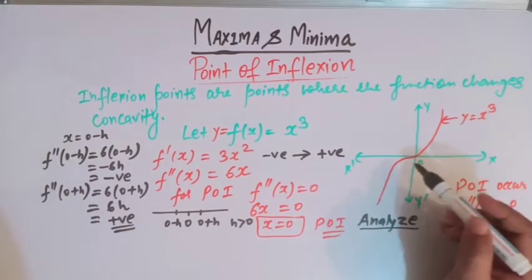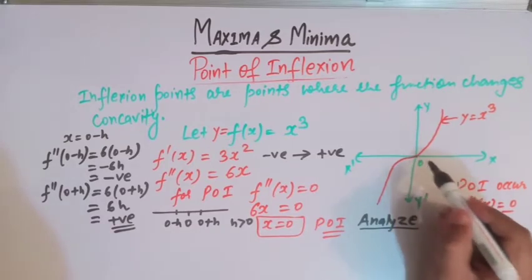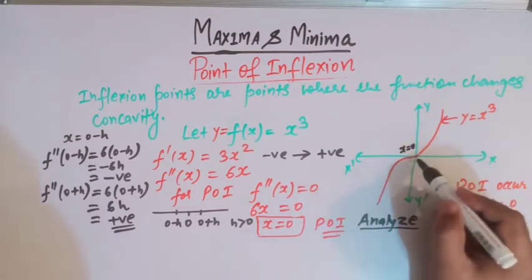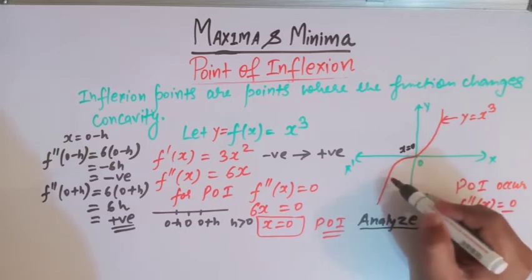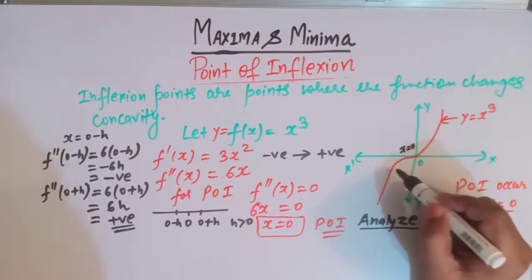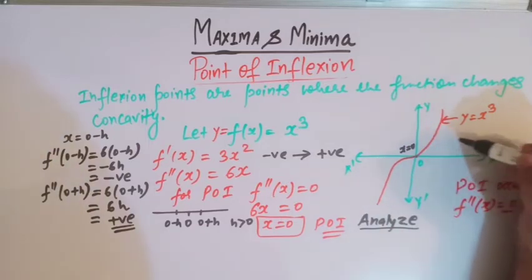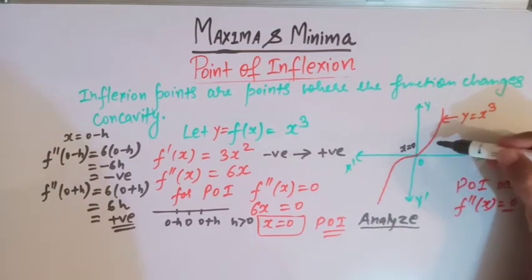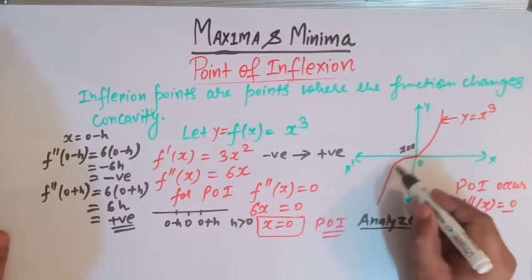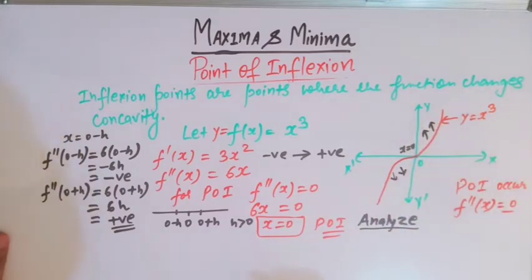And here we see that at this point 0, in the third quadrant the graph of the function is concave down, and in the first quadrant the graph of the function is concave up.